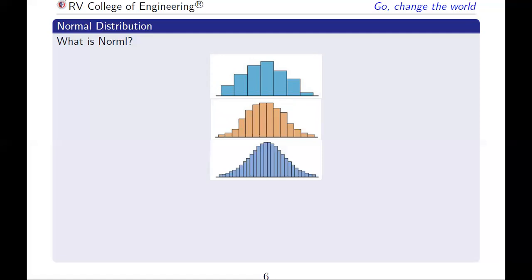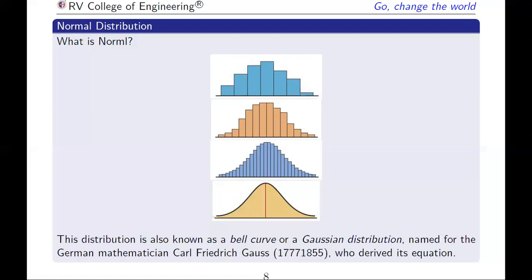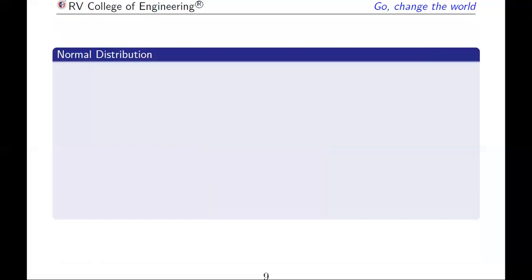Finally, if it were possible to measure exactly the heights of all adults and plot them, the histogram would approach what is called a normal distribution, which is shown in the figure. This distribution is also known as a bell curve or a Gaussian distribution, named after German mathematician Carl Friedrich Gauss, who derived its equation.